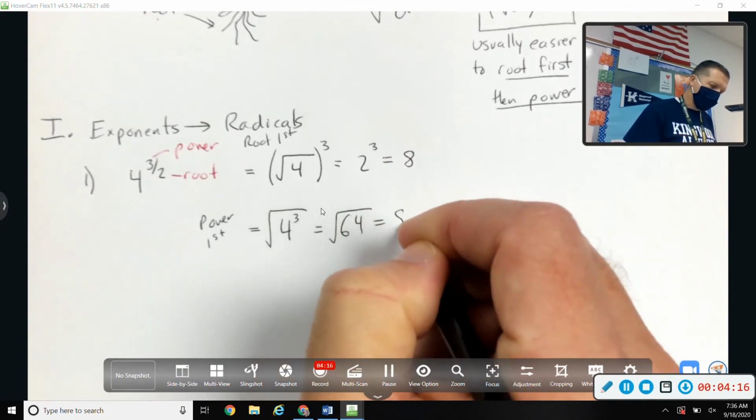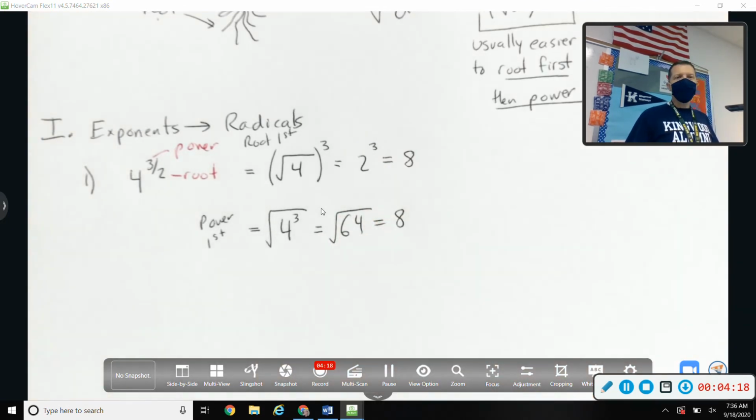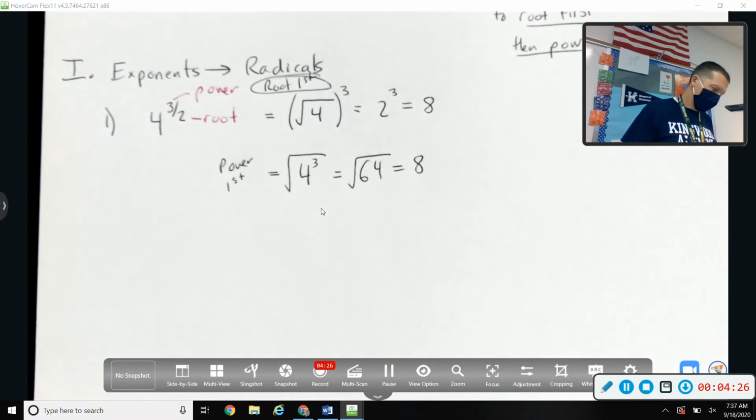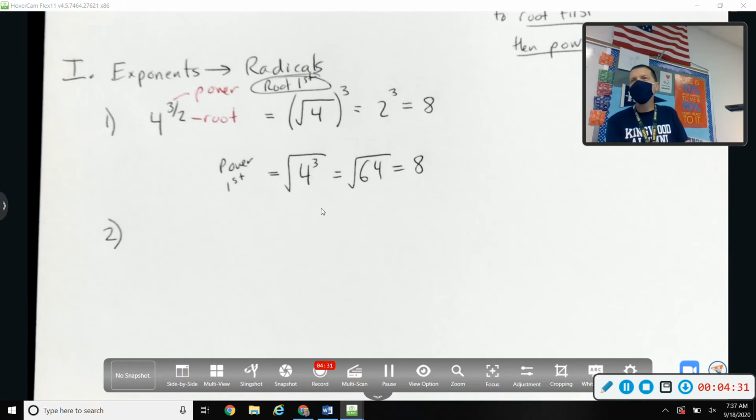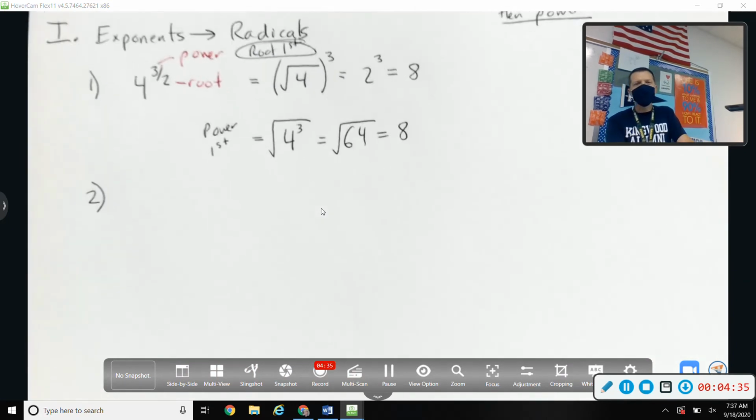And the square root of 64 is 8. So you get the same thing either way, it's just root first is usually the way to go because it gets you a smaller number, easier to deal with. In fact, I'm probably never going to do the power first again. That was an easy one to demonstrate that it works, but usually the numbers get too big to mess with.